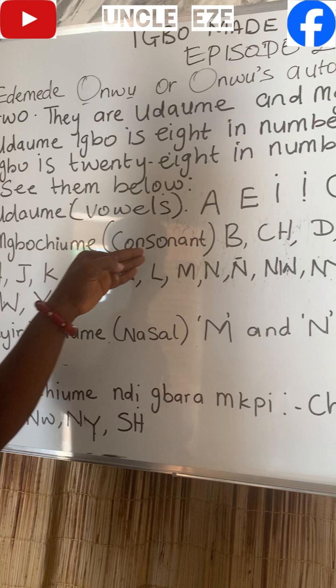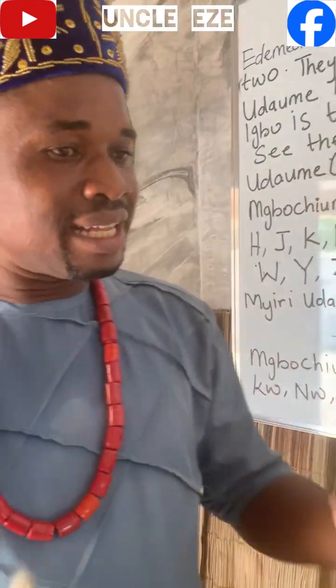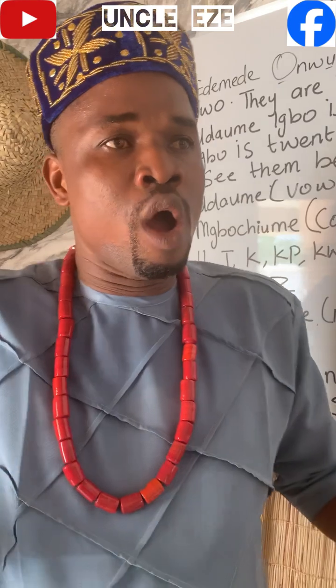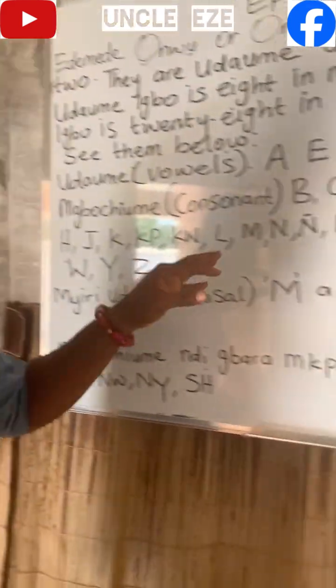Mgbochiume is consonants. Mgbochiume, the ones I told you in our last lessons that they obstruct the free flow of air that comes out from your lungs.